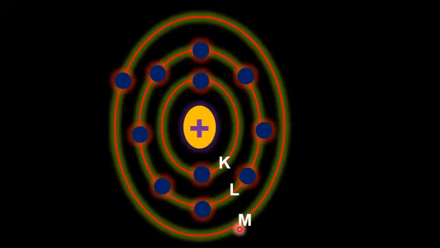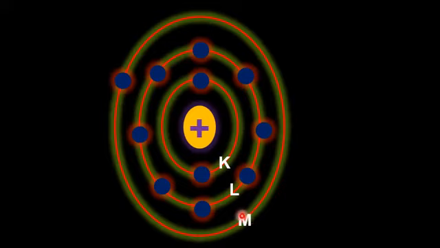In 3s2, 3 represents the third shell, s is a subshell and the superscript 2 represents the number of electrons. So the 3s2 subshell has a maximum of 2 electrons, the 3p6 subshell has a maximum of 6 electrons, and the 3d10 subshell has a maximum of 10 electrons.